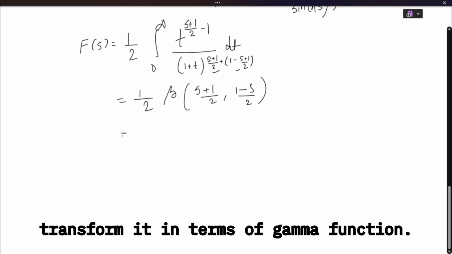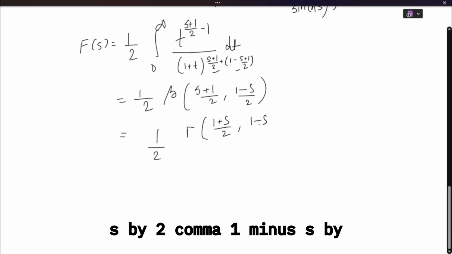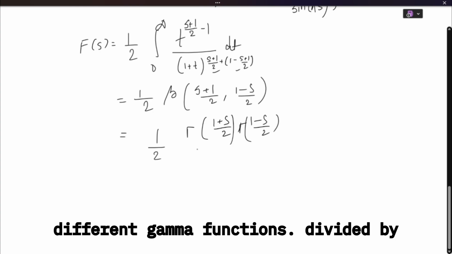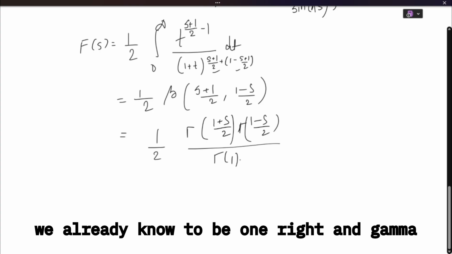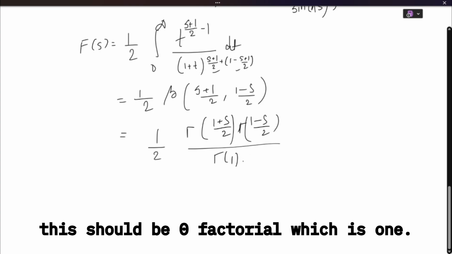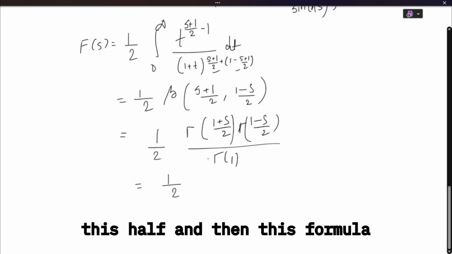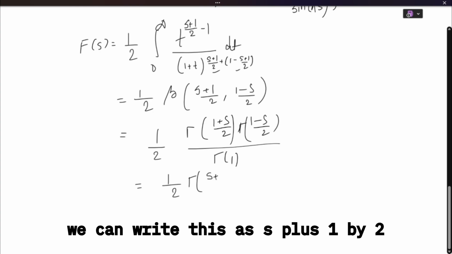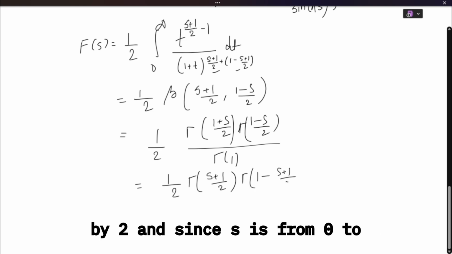We can transform it in terms of the gamma function. This becomes gamma of (1 plus s)/2 times gamma of (1 minus s)/2, two different gamma functions, divided by gamma of the sum, which we already know to be 1. And gamma of 1, as you know, is 0 factorial, which is 1. So the value we got is half, and then we can write this as gamma of (s plus 1)/2 into gamma of 1 minus (s plus 1)/2.